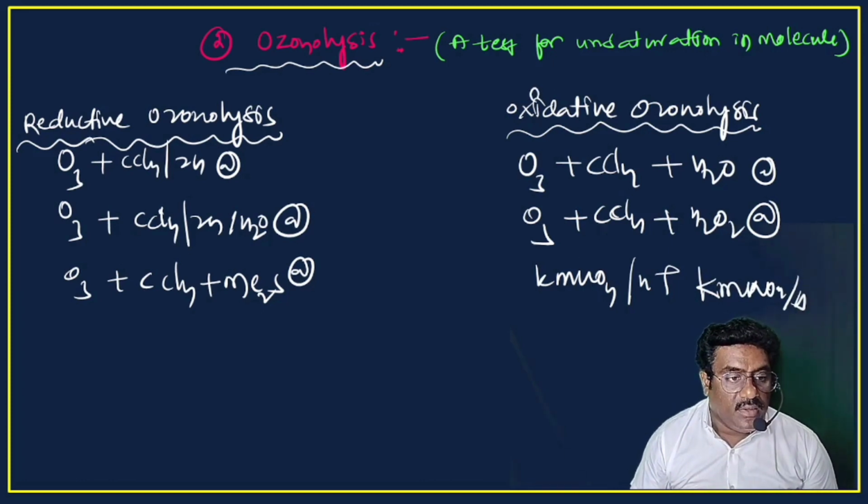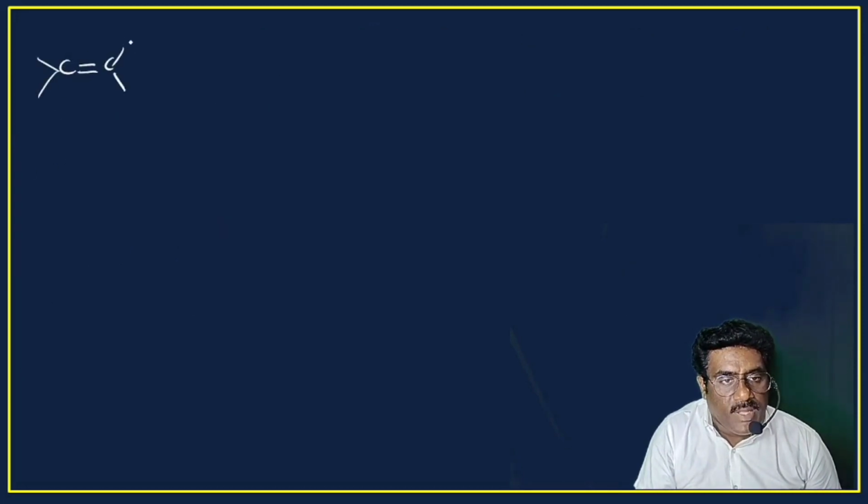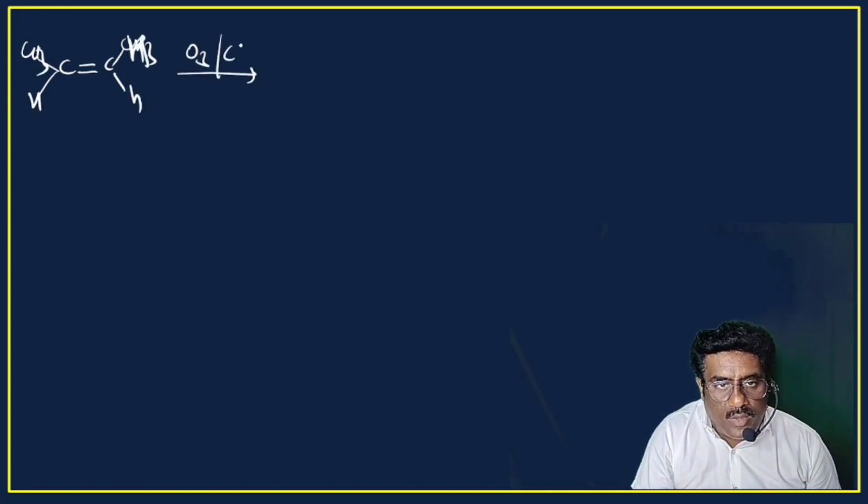First of all, I am writing reductive ozonolysis. What product is formed? For example, CH3-CH=CH2 in presence of ozone, carbon tetrachloride and zinc.